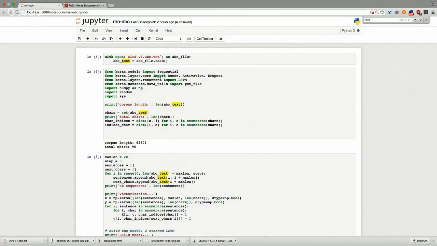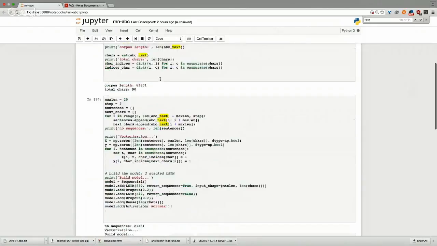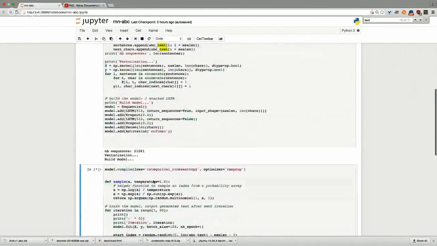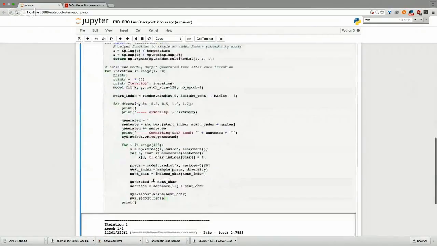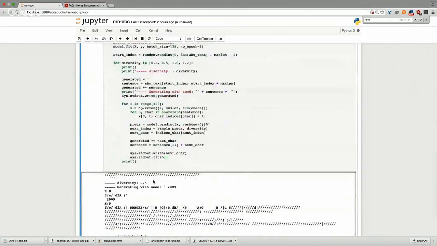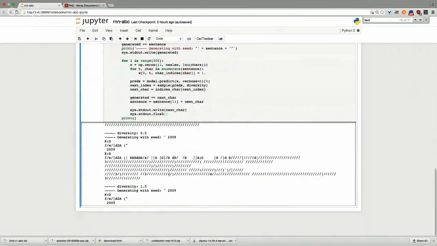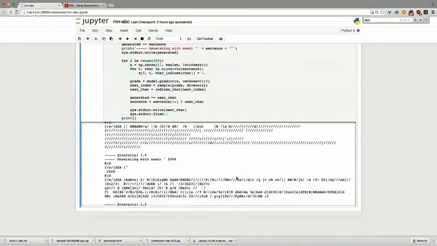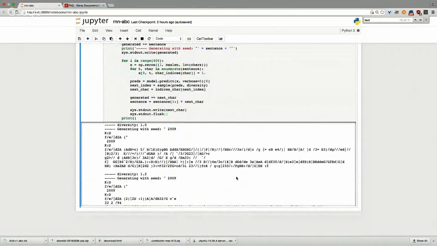I started this a while back, and here we go. We've created the model, and now it is compiling and training the model. Oh, there we go. Hey, there. Look. This is the music it's trying to generate as we go. It knows there are letters in ABC notation, and it kind of likes these slashes.